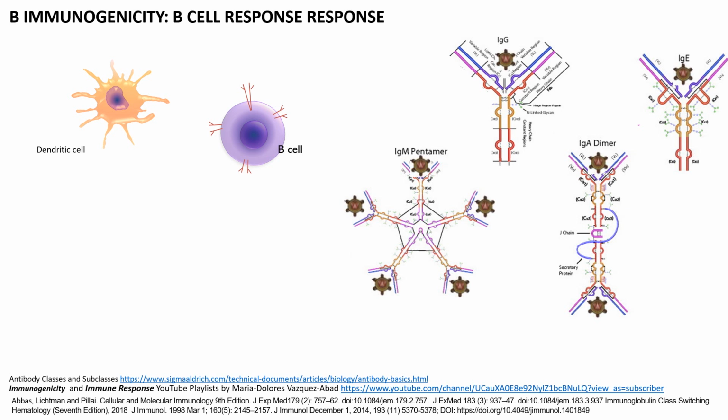So the immunogenic B-cell response characterized by the presence of antibodies to the drug requires that the drug be identified by antigen-presenting cells, mostly dendritic cells, but the B-cell is also involved, that, as their name implies, present the antigen to the T-cell.